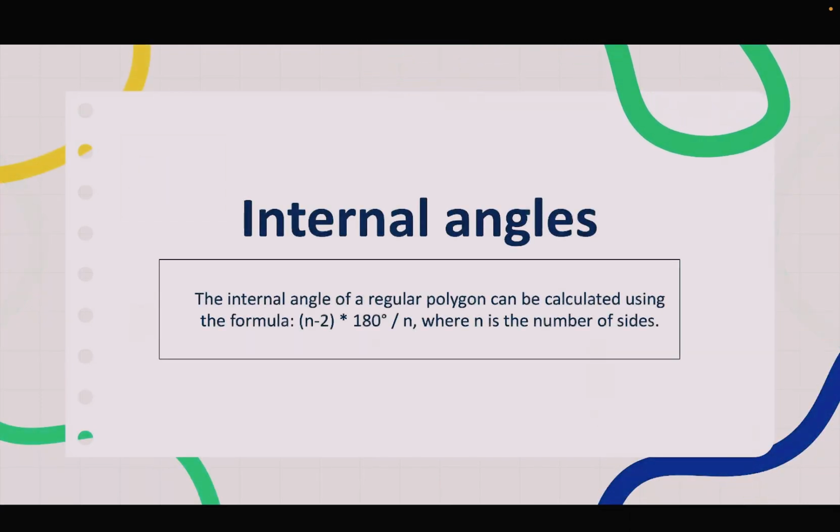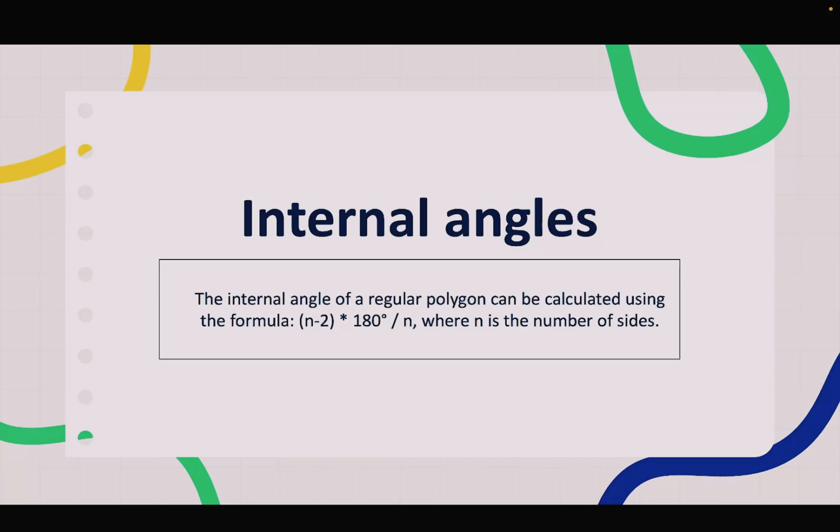Next, the properties. The properties include internal angles and external angles. First we are going to see internal angles. The internal angle of a regular polygon can be calculated using the formula (n minus 2) multiplied by 180 degrees, divided by n, where n is the number of sides. Let's say we want to calculate the internal angles of a triangle.